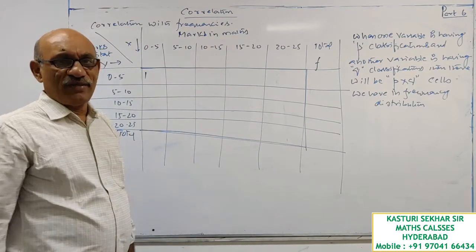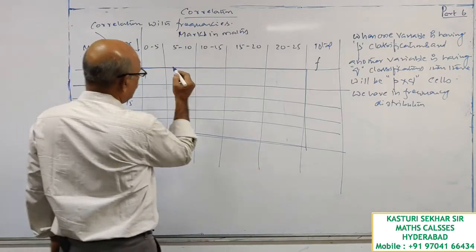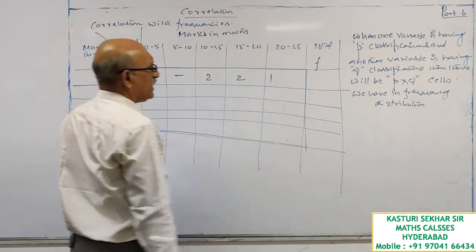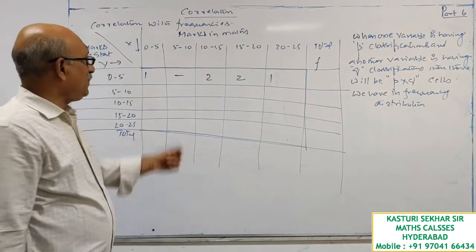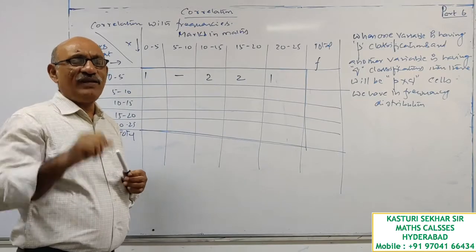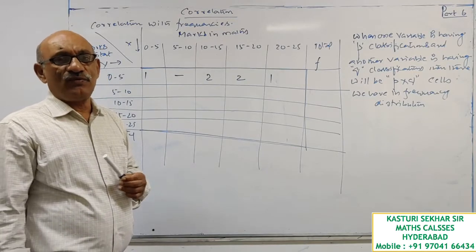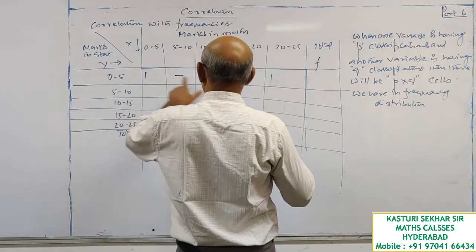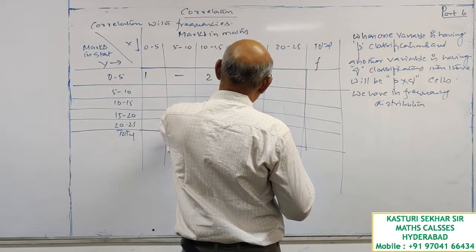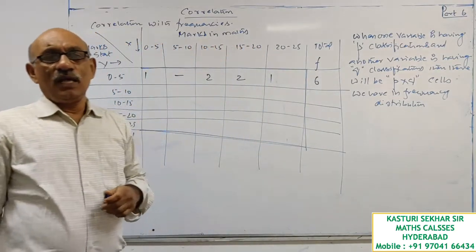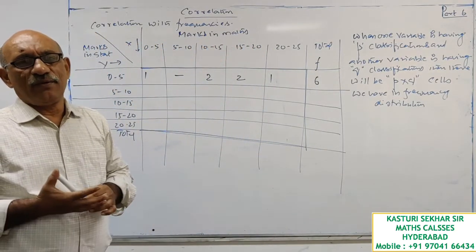In between it is having one student. There is no student at all. There are 2 students, 2 students, 1 student. This way the values I am writing in a cell will represent the number of students, which is also called frequency. So 1 plus 2 is 3, 3 plus 2 is 5, 5 plus 1 is 6. There are 6 students we have.